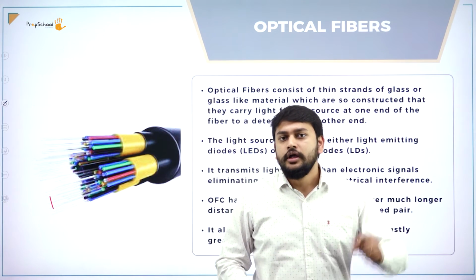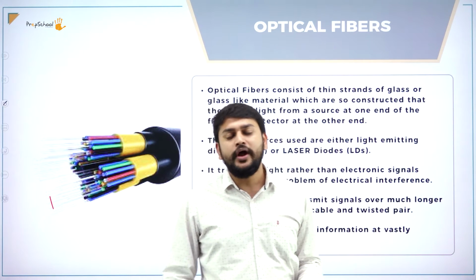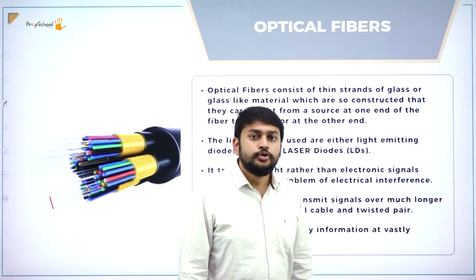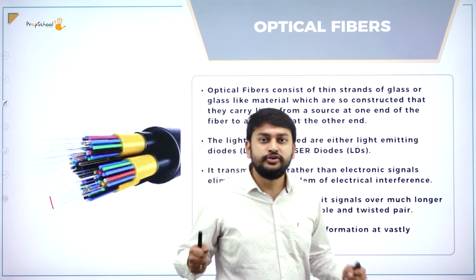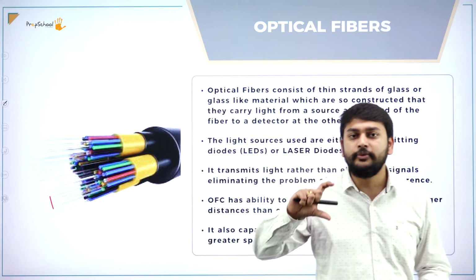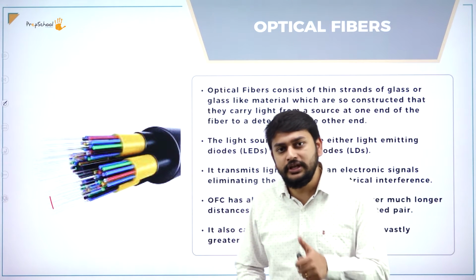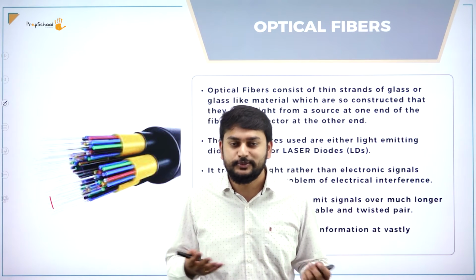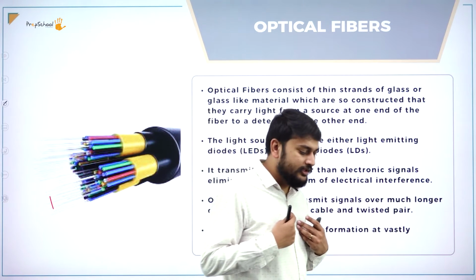I was using copper wire in both twisted pair as well as coaxial cable. So guys, when I started using the concept of fiber optics, what is the meaning of optics? You would have already studied that, so I don't have to explain it.